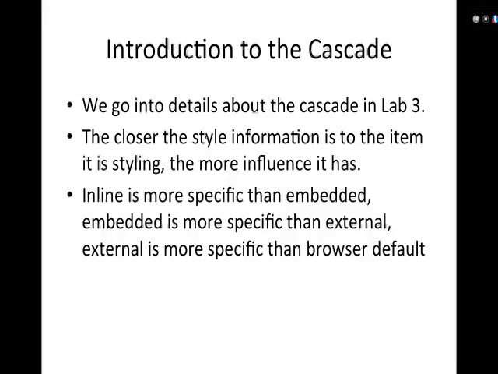But the main thing to understand is that the closer the presentation rule is to the individual item or group of items that it's changing, the more powerful that rule is, or the more influence it has. By nature, your browser has a set of default style rules. Like if you go to a page and they haven't said what color they want a hyperlink to be, it's going to be blue and it's going to be underlined.